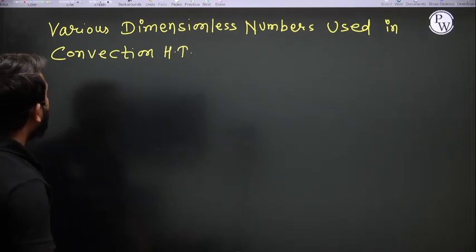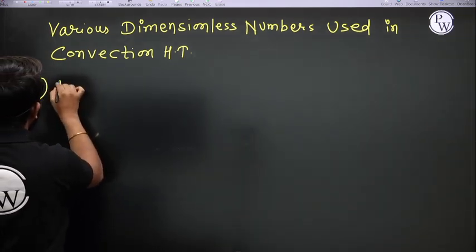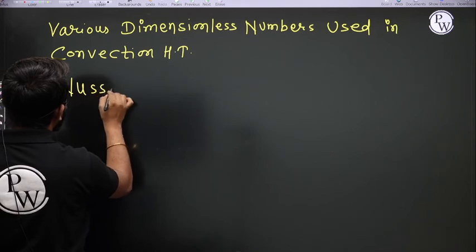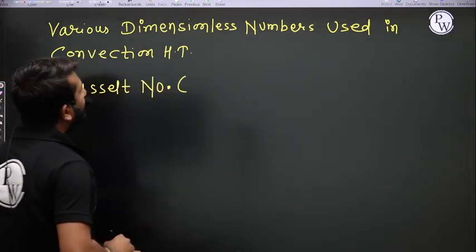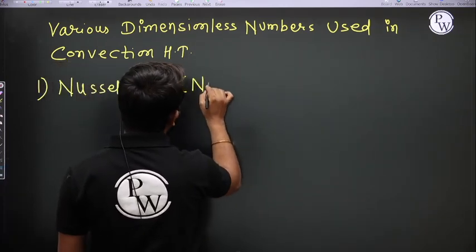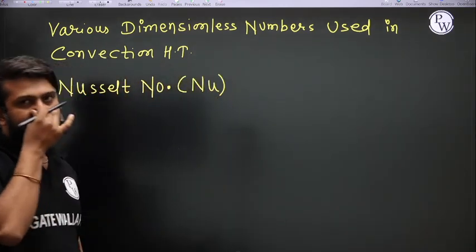So the first number is very, very important, that is the Nusselt number. The Nusselt number is denoted by Nu.